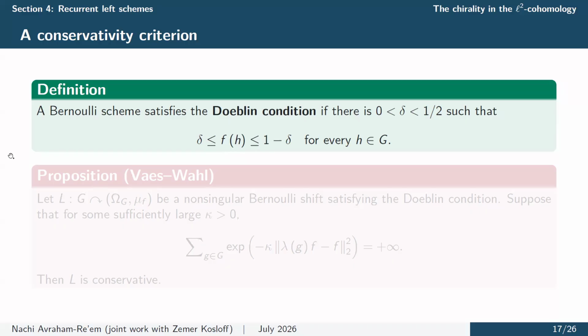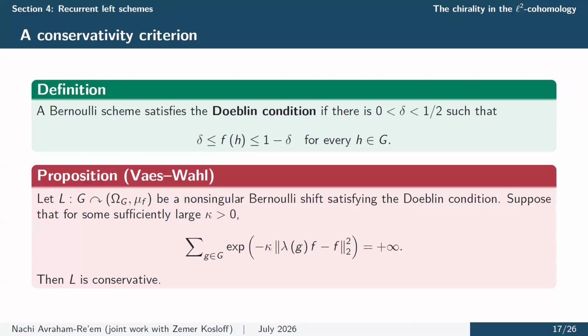Now, here is an important criterion for conservativity of non-singular Bernoulli shifts, due to Avraham-Rea and Vaal. It's from a few years ago, and it's very useful. It gives something about the growth of the cocycle, which is translated to conservativity.